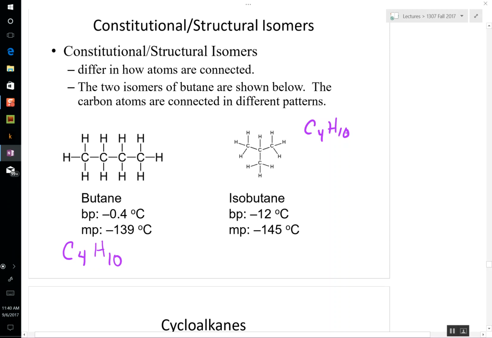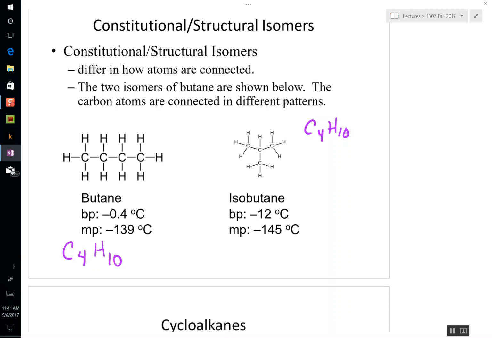They are structurally different molecules. They have different structures. But they have the same molecular formula. That's what has to be the case. Same exact molecular formula, but different structures. That's isomers. Those are isomers.